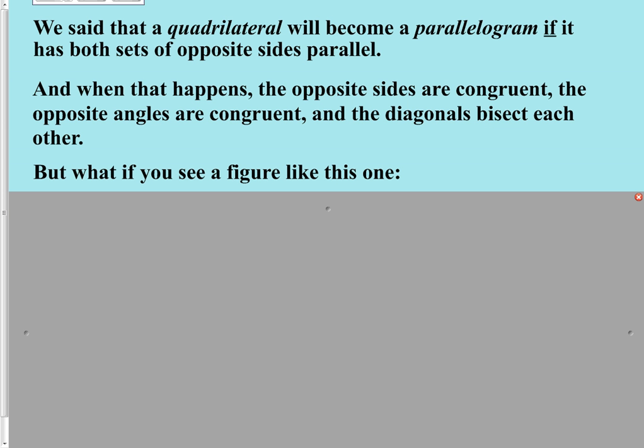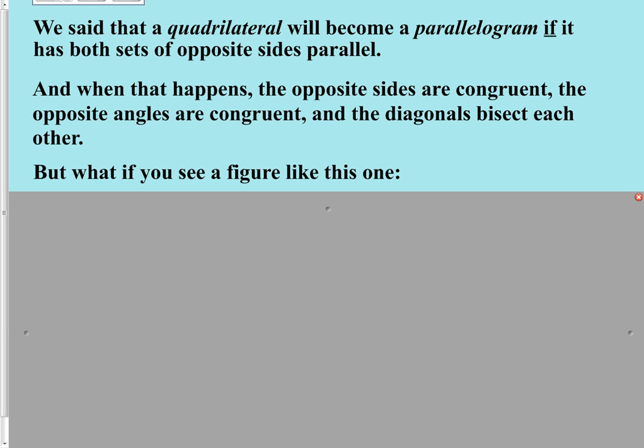Okay, now we said that a quadrilateral, which is a four-sided polygon, would become a parallelogram if it had both sets of opposite sides parallel. That was the definition that we copied down about parallelograms. You probably learned that back in junior high.